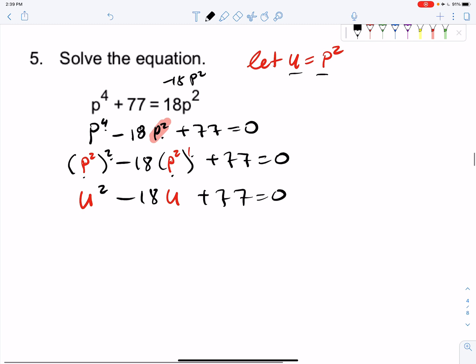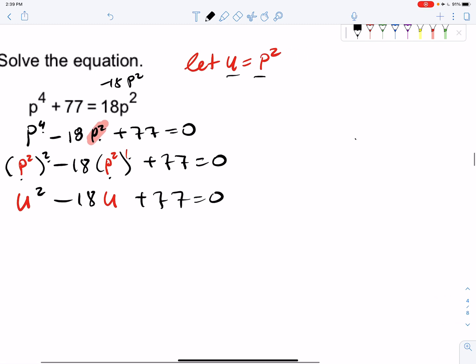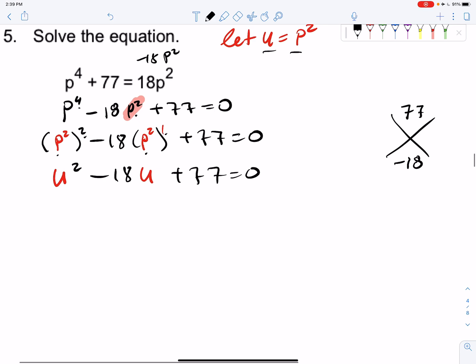Okay, now we're looking for two numbers that will in fact multiply to 77 and add to negative 18. So you search, look. And what do we get? Well, how about 11 times 7?